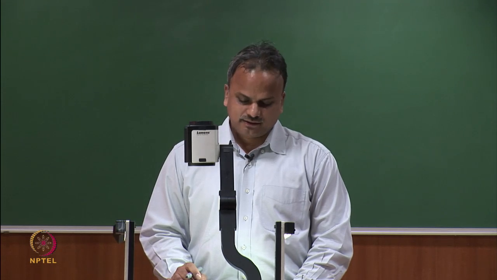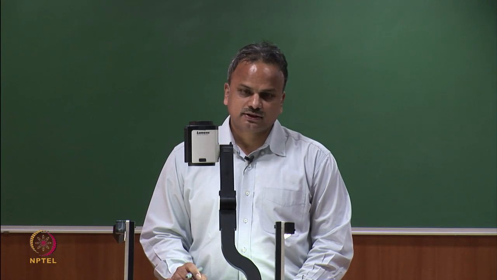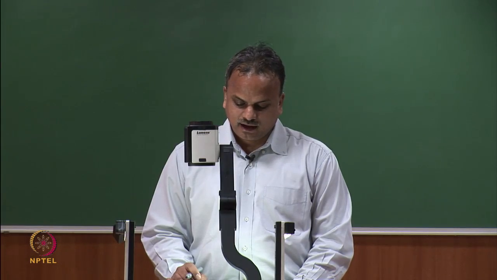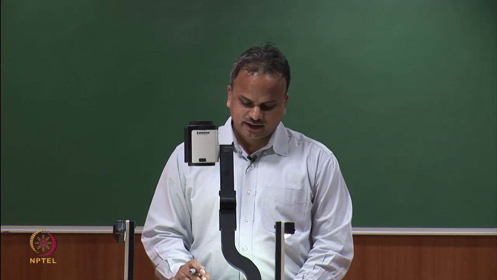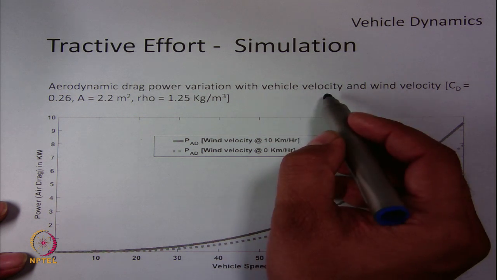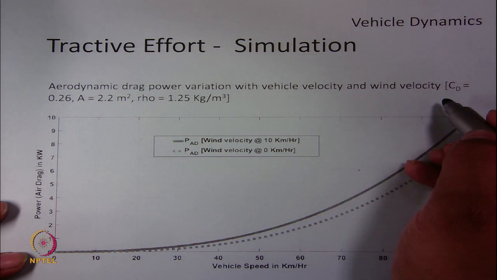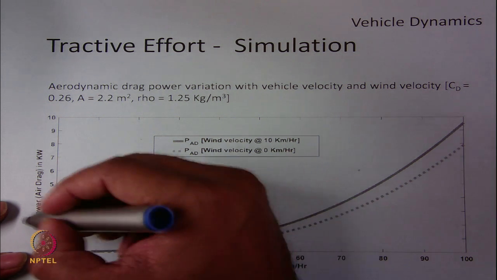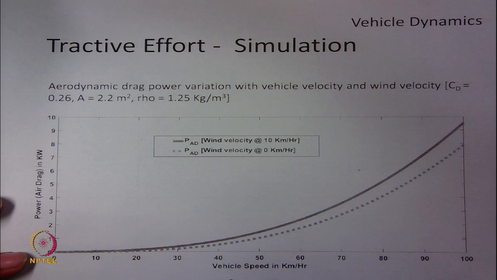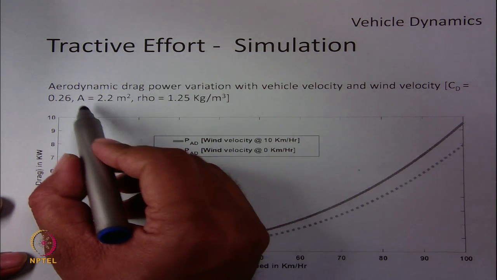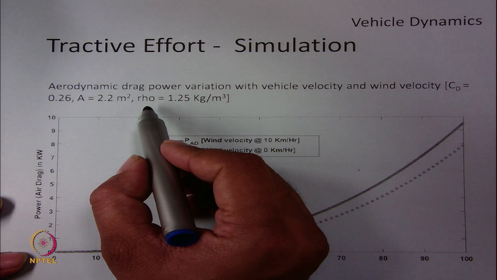So, we know that the aerodynamic drag force is a function of the square of vehicle velocity. If you want to see the variation in aerodynamic drag power with respect to vehicle velocity and also with respect to wind velocity, it will be a good idea to plot the aerodynamic power with respect to different vehicle speeds for known values of drag coefficient, frontal area and air density.